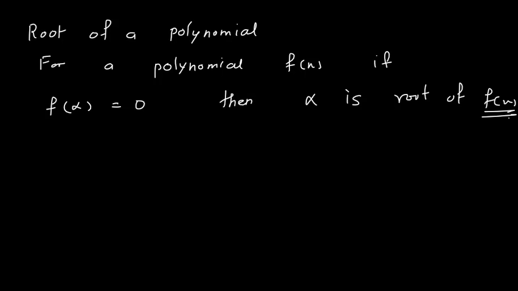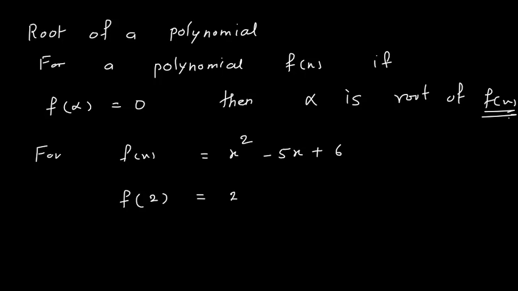For example, suppose we have f(x) as x square minus 5x plus 6. Now I will take the value of alpha as, let us take 2. Let us take f of 2. So what we get?